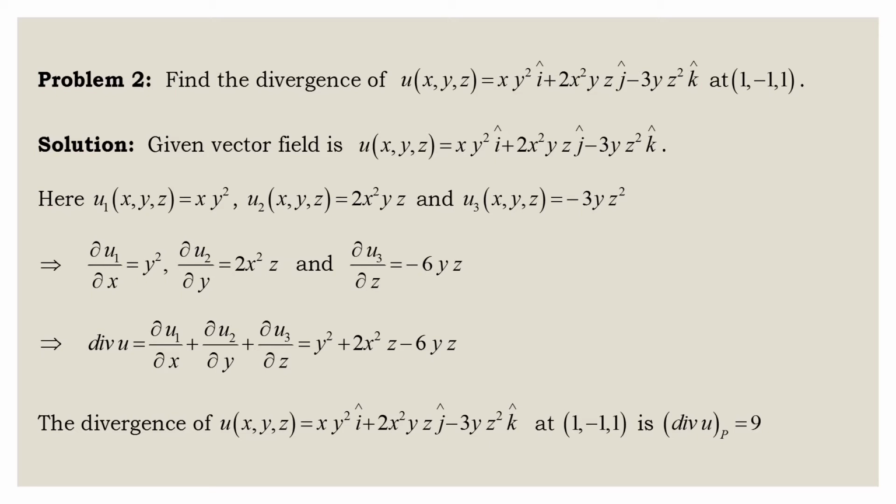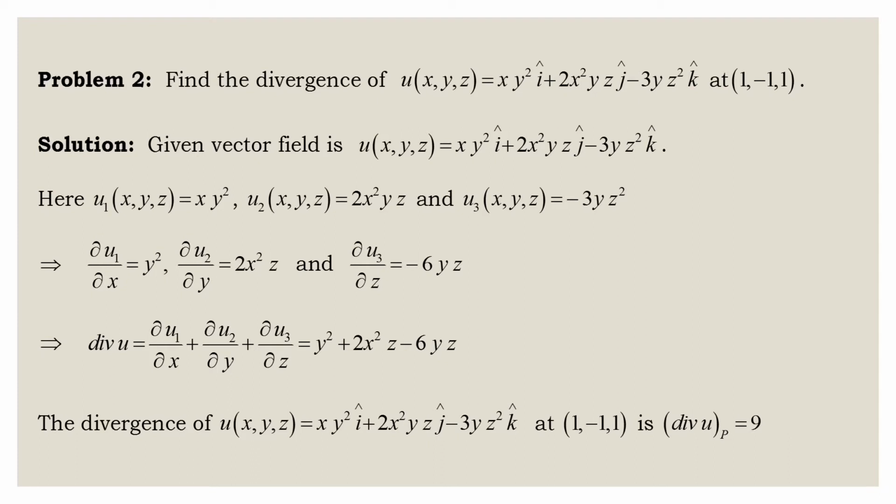Let's compute these three pieces, ∂u1/∂x, ∂u2/∂y, and ∂u3/∂z. First, ∂u1/∂x equals y². It is the partial derivative of u1 equals xy² with respect to x. ∂u2/∂y equals 2x²z, and ∂u3/∂z equals minus 6yz.